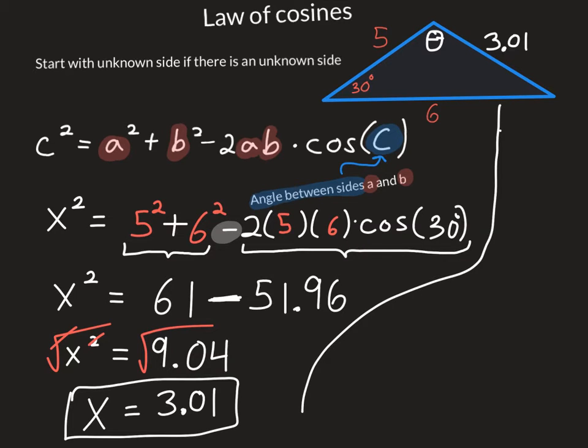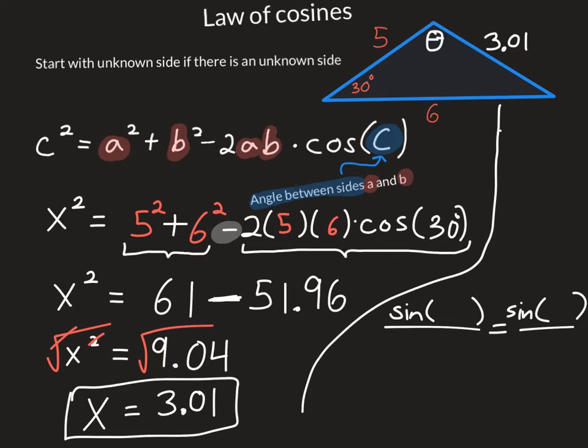So let's write out my skeleton here for the law of sines. Sine of an angle over its opposite side is equal to sine of an angle over its opposite side. To use law of sines, I need to know both an angle, and I know that angle, 30 degrees, and the side across. Oh yeah, now I do know the side across. So I can use law of sines.